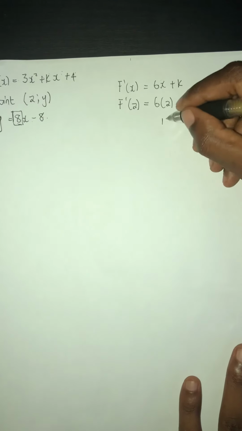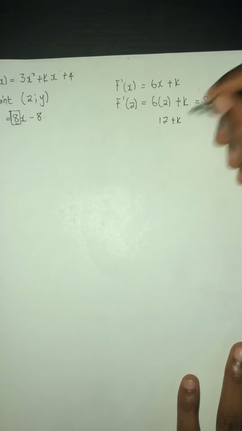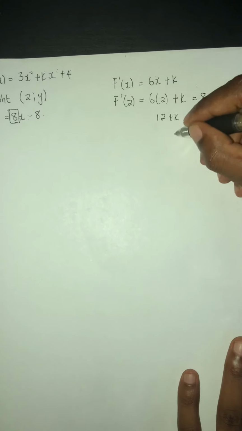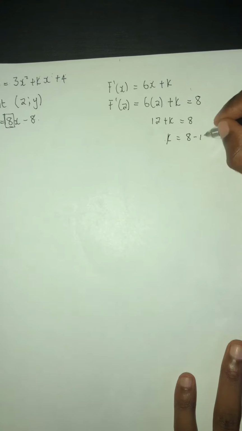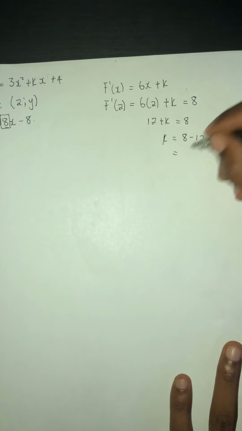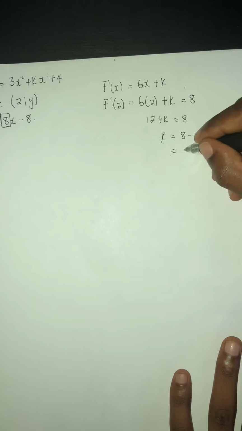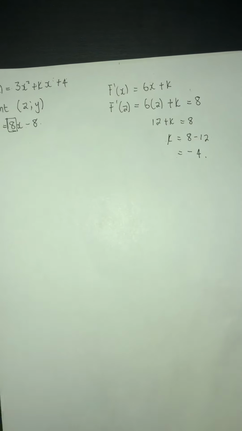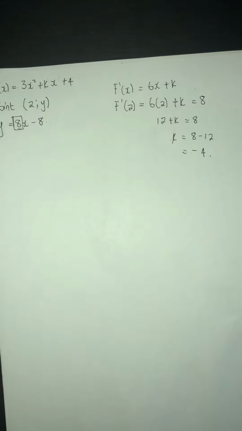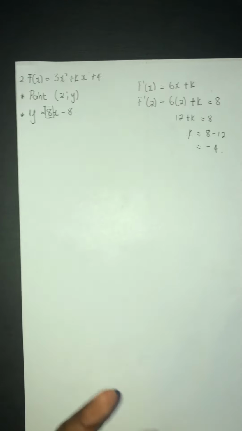So this will be 12 plus k is equals to 8, and then I can say k is equals to 8 minus 12, which is -4.